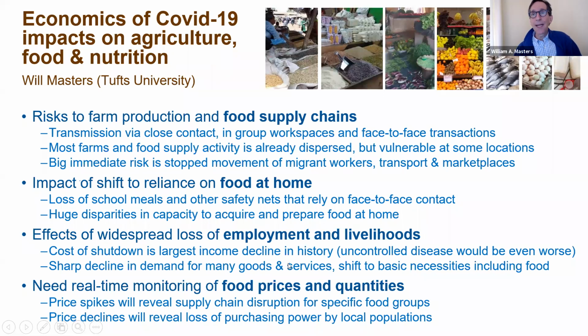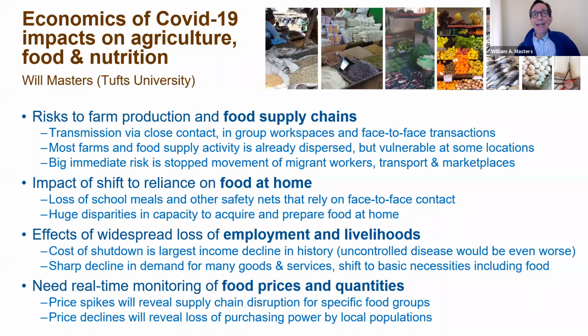But we really have an unprecedented situation of simultaneous unemployment around the world. It's important to remember that uncontrolled disease would be even worse. So social and spatial distancing, the shutdown of marketplaces and so forth, is in fact the better of the two worst options, but it is the largest income decline in all of human history.